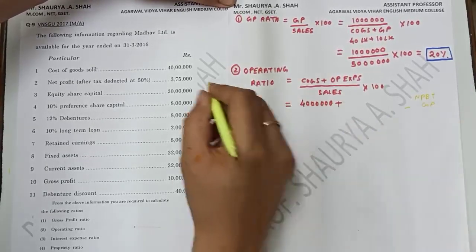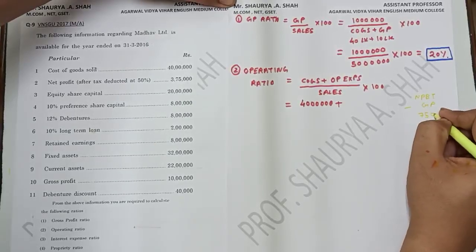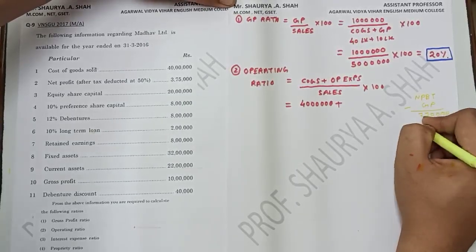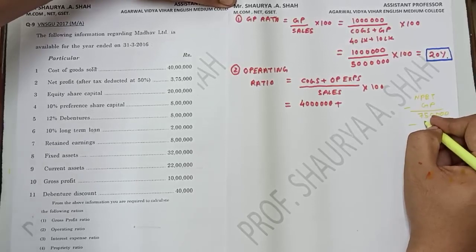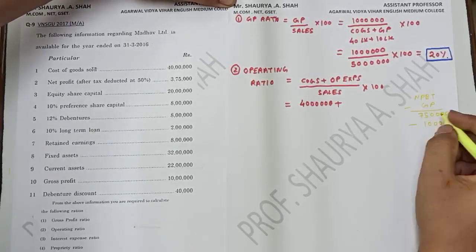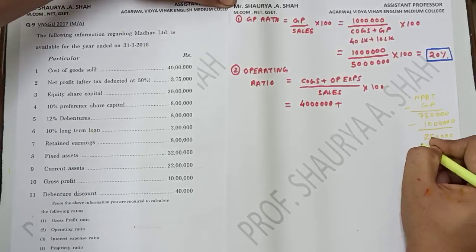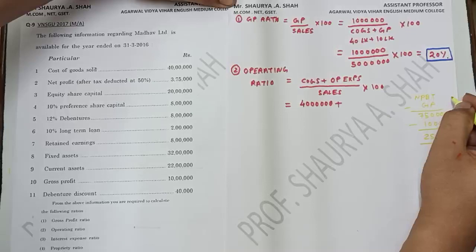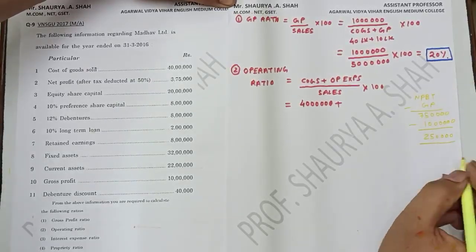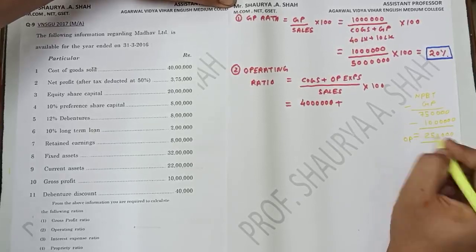So what is my net profit before tax? 375 into 2, that is 7,50,000, minus gross profit. So what is my gross profit? 10 lakh. Here it will not be negative, but we are taking it in a positive way because it is always GP minus NPBT. I have written it vice versa, but you can understand that this is my operating expenses.